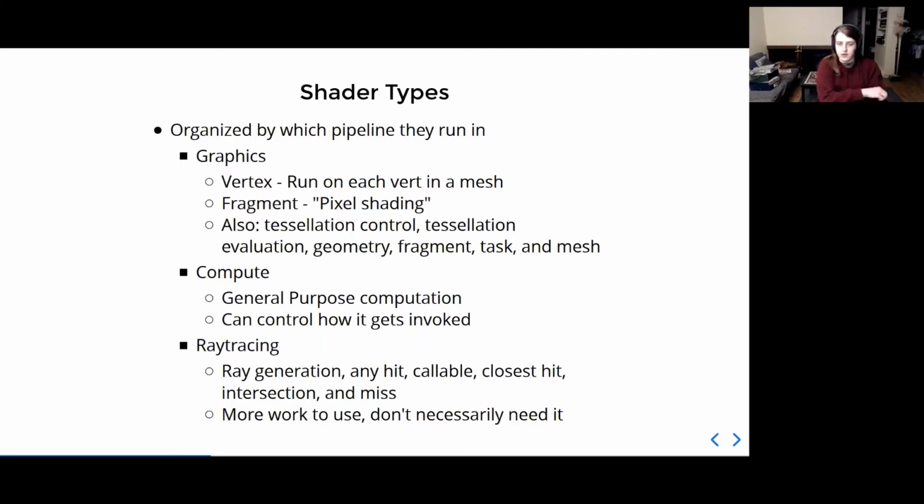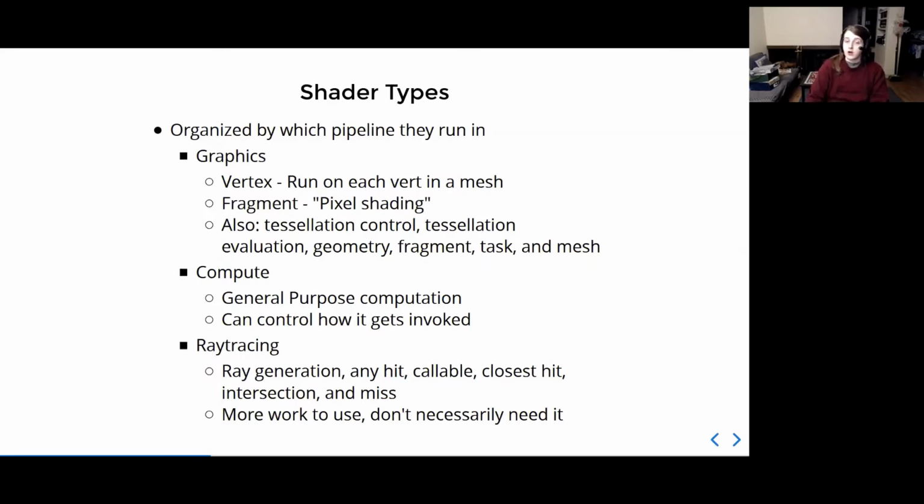The vertex shader runs per vertex in each mesh, and a fragment shader runs for each pixel you're trying to shade. But that is classic. We're dealing with modern, where we're doing things like compute shaders, which is what this entire tutorial uses, and that's a general shader that can do most anything. It also has the important aspect of being able to control when and where it gets invoked, unlike vertex and fragment, which are dependent on the number of vertices or the number of pixels that need to be shaded.